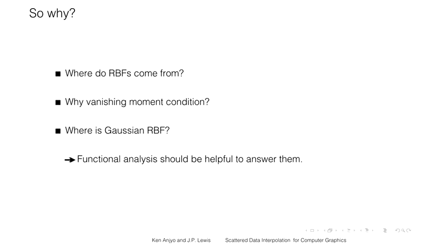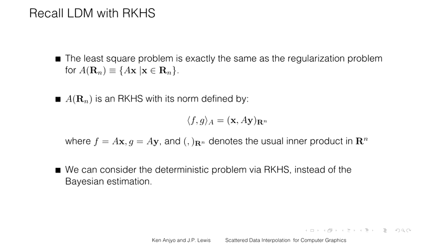we consider every vector in Rn, and AX, of course, is a multiplied result, A times X. This space, where, as you would know, the covariance matrix is a positive semi-definite symmetric matrix. Actually, this is one of RKHSs, which is finite dimensional, of course, in this case.